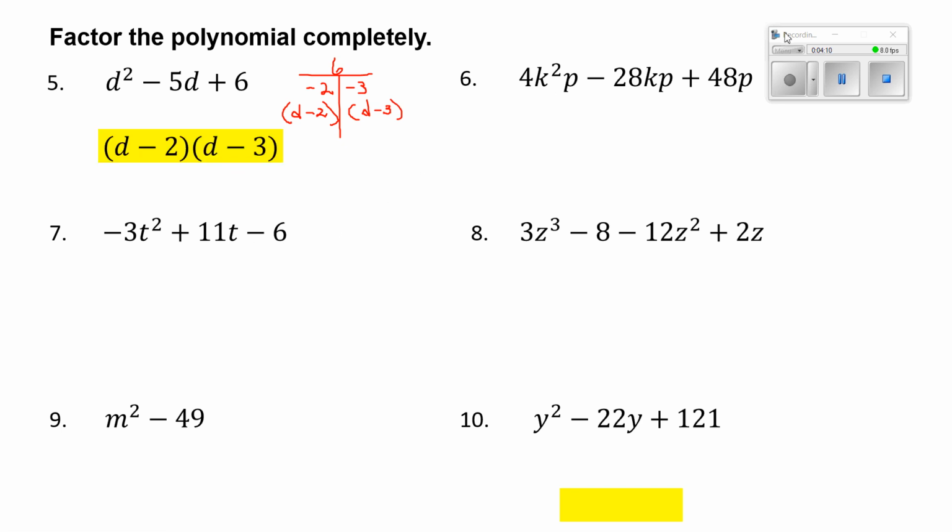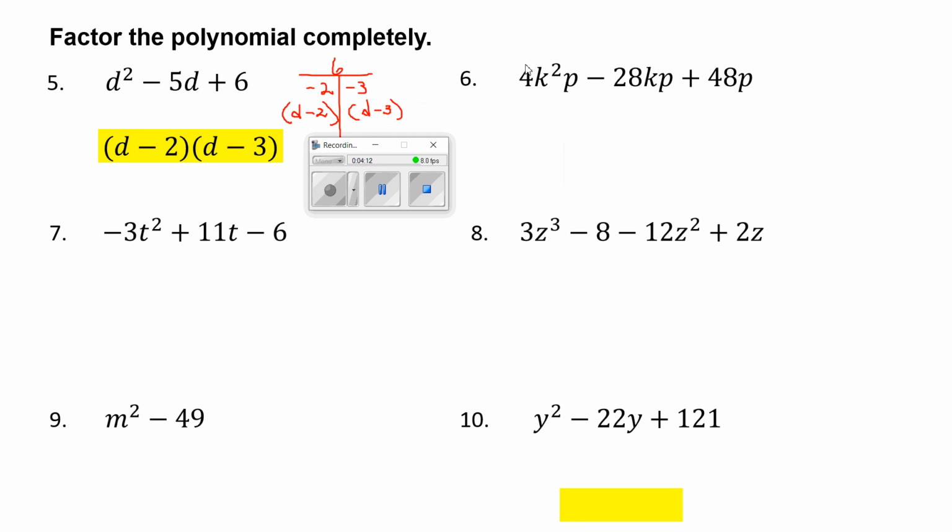Number 6 is next. Number 6 says we got 4k to the second power p minus 28kp plus 48p. First, we're going to factor out 4p from everything. All right? And that's going to leave us k to the second power minus 7k plus 12. Now we have to factor these out to get us 12.